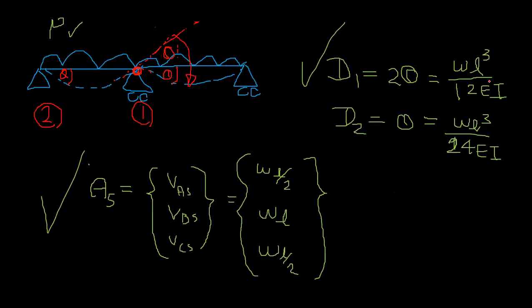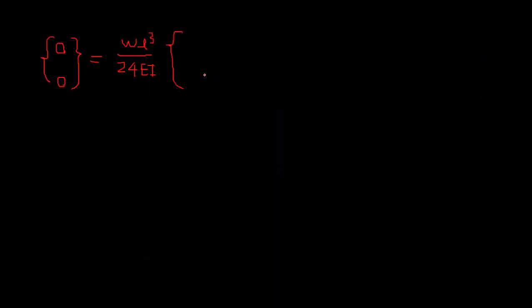So you can take WL squared over 24EI out. What's this? This is 2 and this is 1.